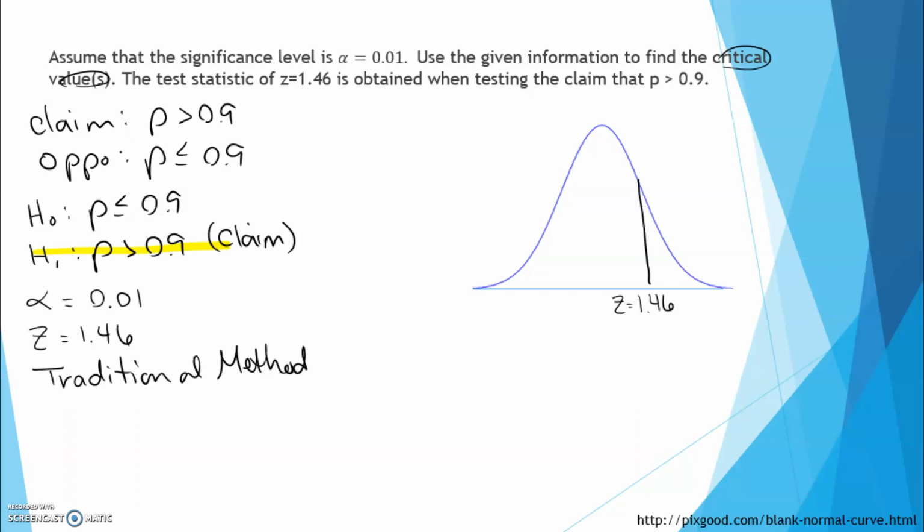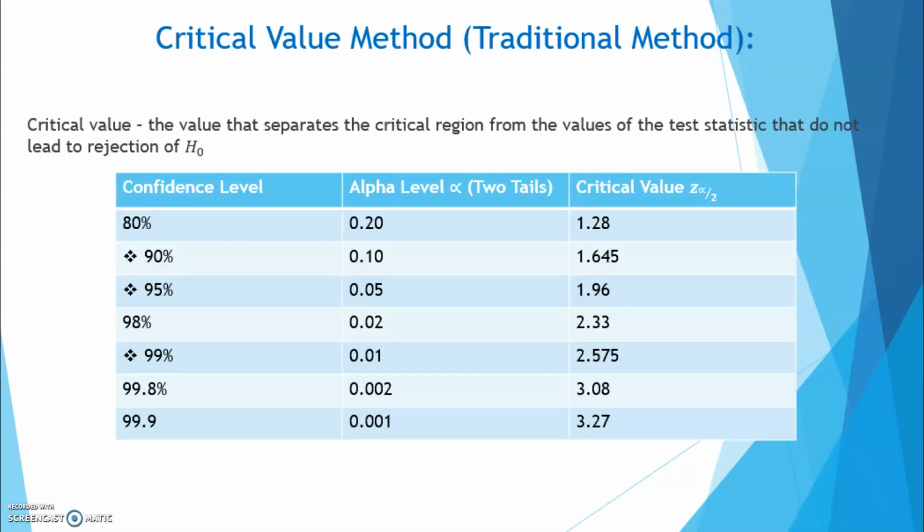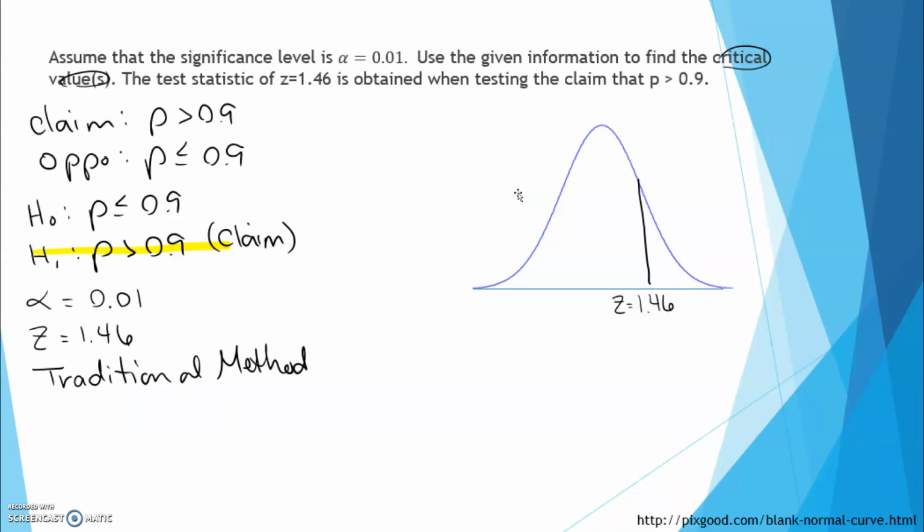What we're going to be using to find our critical region is this table right here. Now notice that the alpha level is always in two tails. So whenever this table talks about alpha, it's talking about alpha in two tails. Whereas since we are looking at a right tail test, this is just one tail. So what I need to do is take this alpha right here and multiply it by 2 and then go to my table.